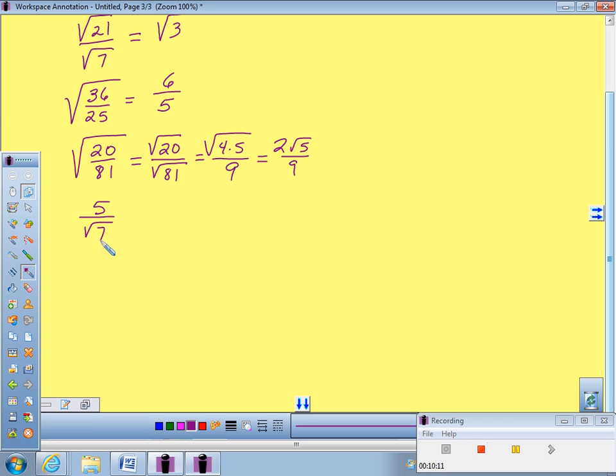So they had to find a way to do it. This process is known as rationalizing the denominator. And I'm probably going to say that to you quite a few times in the next few months. You need to rationalize your denominator. What that means is you need to get the square root off the bottom of your denominator.